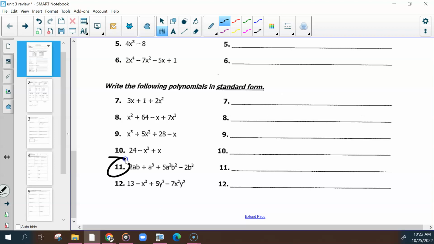Any others? I'll circle them all and then we'll go through them.